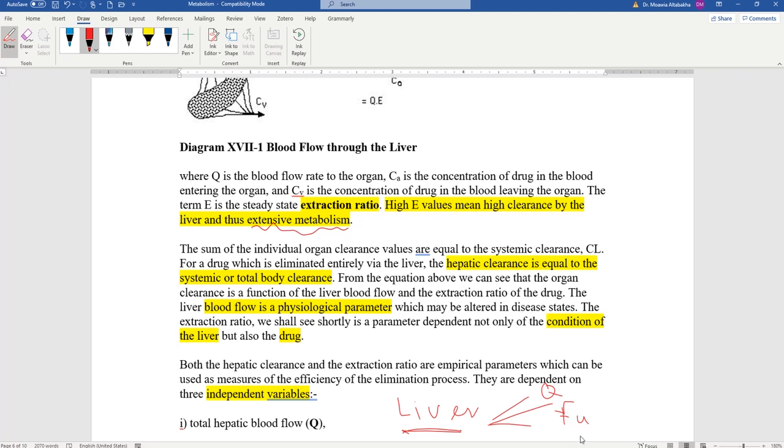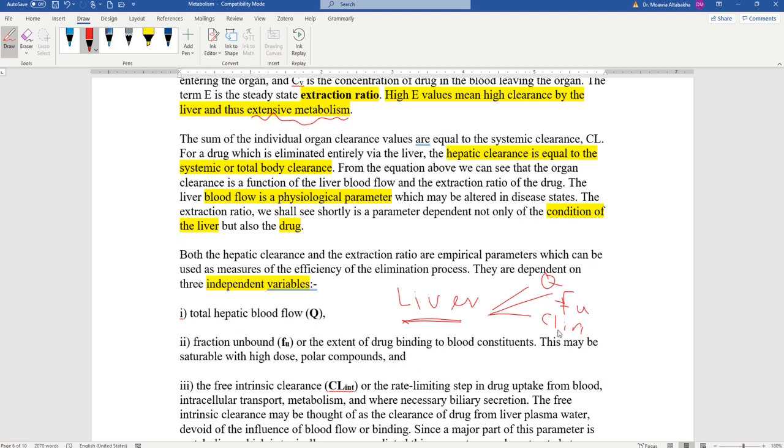The fraction unbound means how much of the drug is free, because you know that the free drug is the one that is susceptible to metabolism, and also what we call intrinsic clearance. Intrinsic clearance I will talk about later.